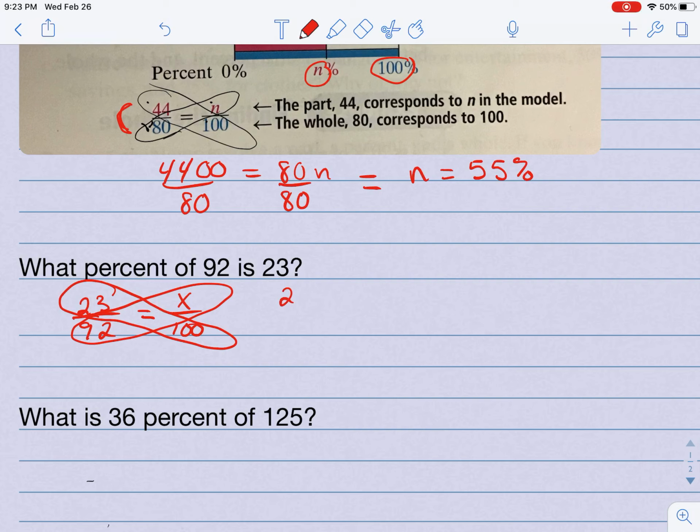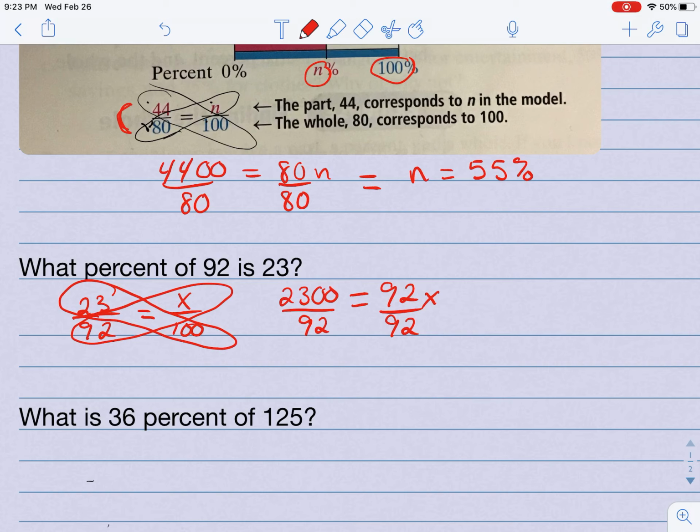So this would be 2300 is equal to 92x, and then once again, to solve for x, we divide by the coefficient, which is the number in front of the variable.